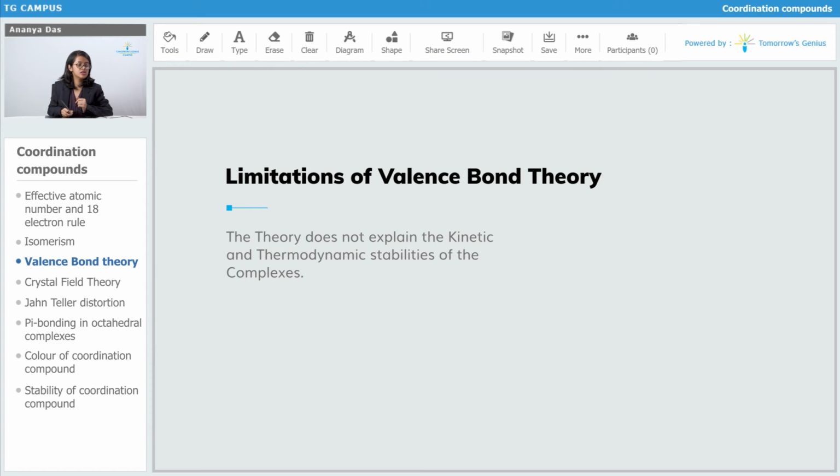So kinetic stability deals with the rate, and thermodynamic stability deals with the spontaneity. If we take a complex based upon the kinetic stability, we can say either the complex is going to be inert or it is going to be labile.